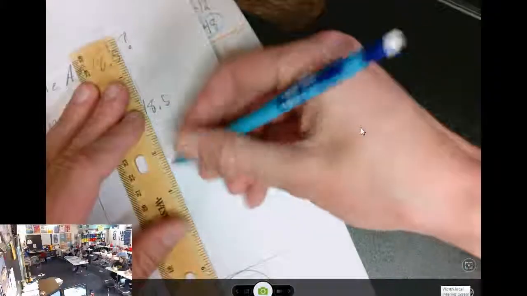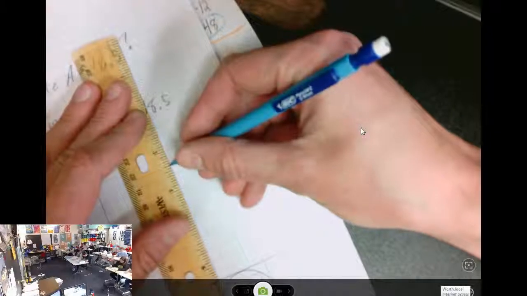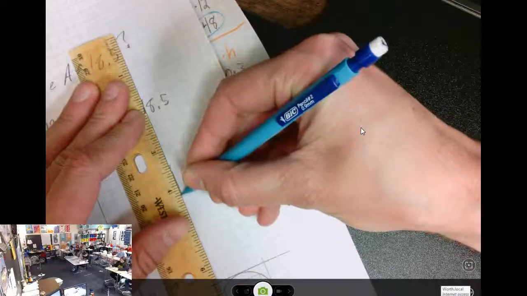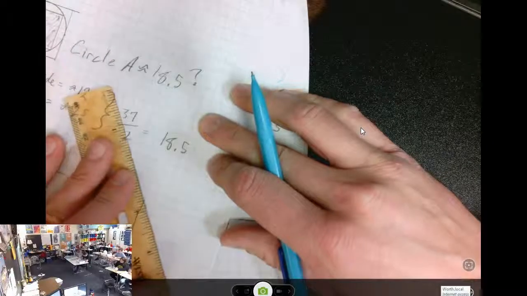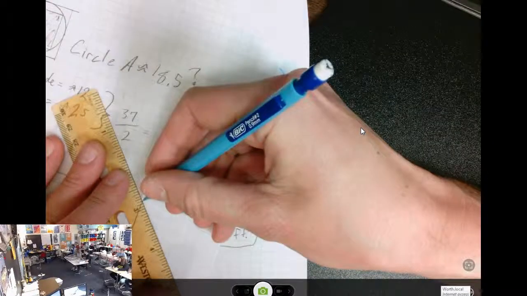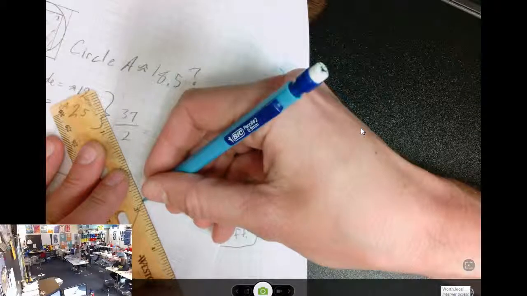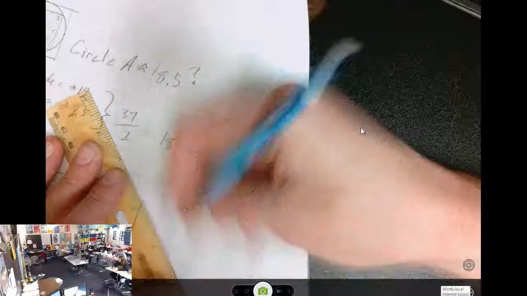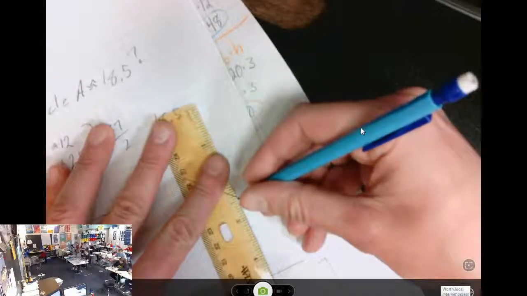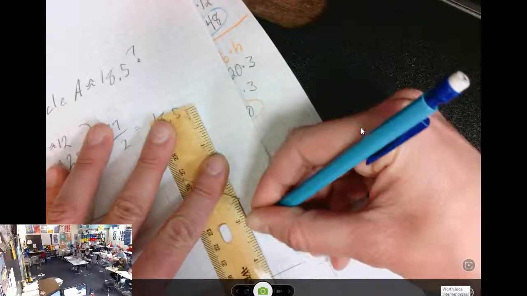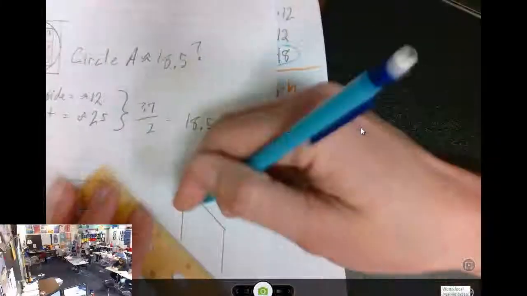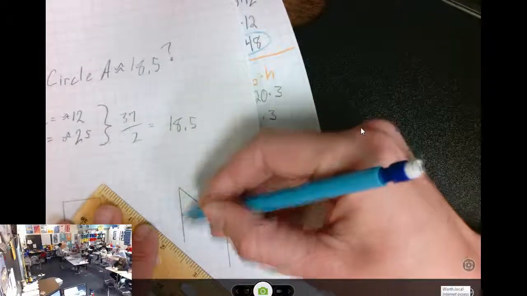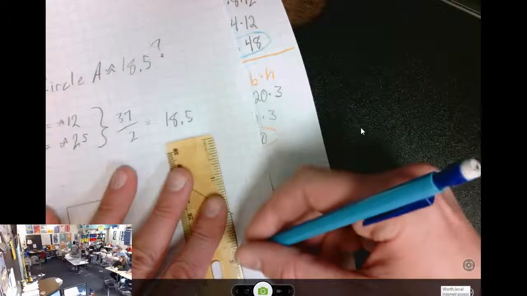Let's go 4 wide, since I already told you a 4. Okay, I can't count. Mine's 5.